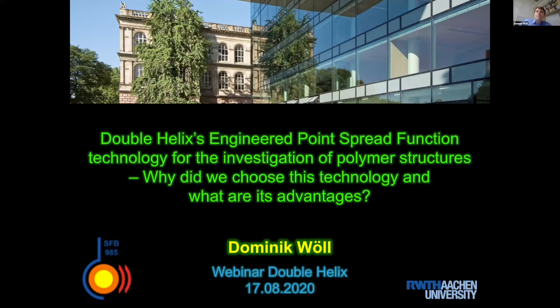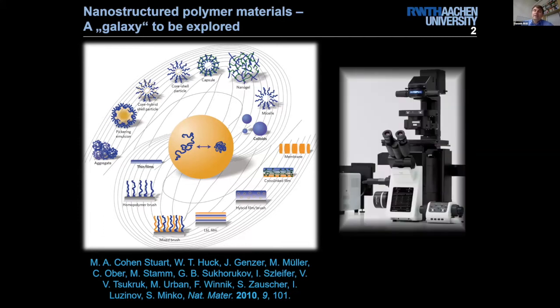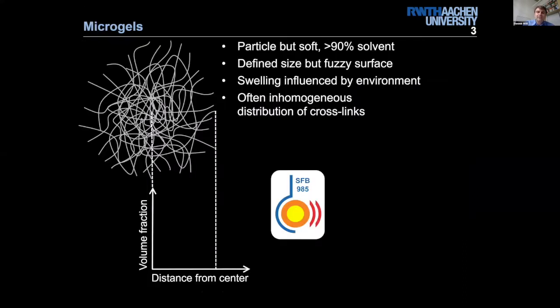More particularly, in the last years we focused on microgels, or you might also call them nanogels. It depends a bit on the community you're in. Microgels are basically gel particles, little gels in particle form, and typically most of the time they are below a micrometer, in the sub-micrometer range.